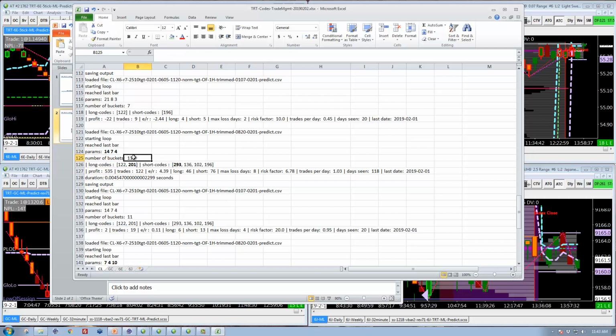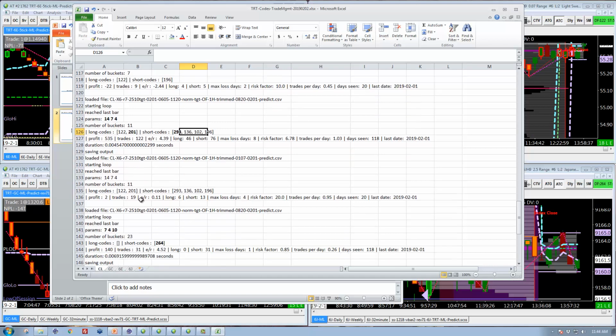Here there's 11. I want to see this trade at this quality level at least 4 times out of 11 buckets in order for it to show up. And so we get a couple more here, 201 and 293. I bolded the ones that are new, 201 and 293.